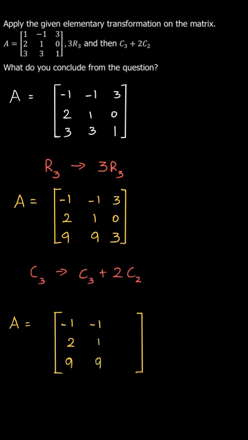Now in the third column it will be C3 plus twice of C2. Therefore we will be having 3 plus twice of -1. Then we have 0 plus twice of 1. After that we have 3 plus twice of 9. Now we will simplify it.